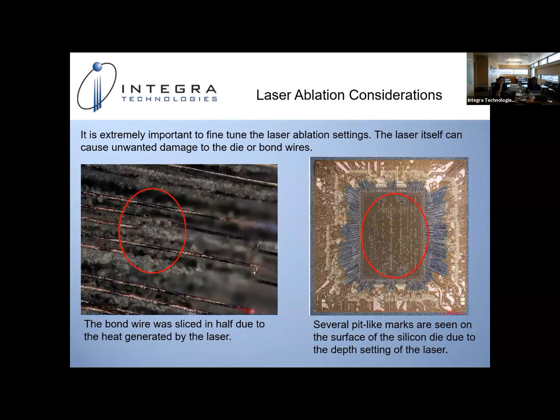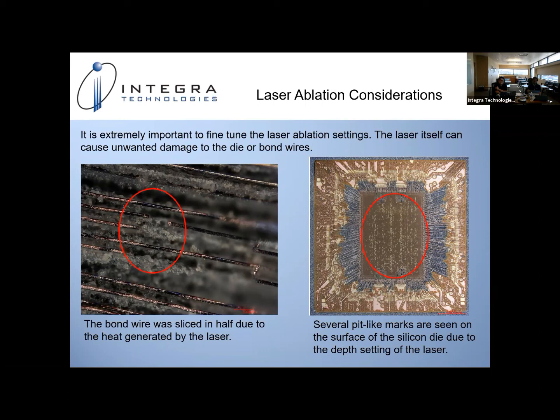But laser ablation also is a technique and an art. If you don't have the right settings for the laser ablation, then you will excessively burn or actually you'll burn the bond wire. So we have to be very careful how we do the laser ablation.